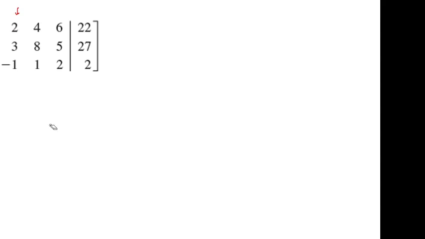We could also take row 2 minus row 1 and replace row 1 with that. For example, 3 minus 2 is 1. And then 8 minus 4 is 4, 5 minus 6 is -1, and 27 minus 22 is 5. But I think what I'm going to do is take row 3 and add it to row 1, and then replace row 1 with that combination.